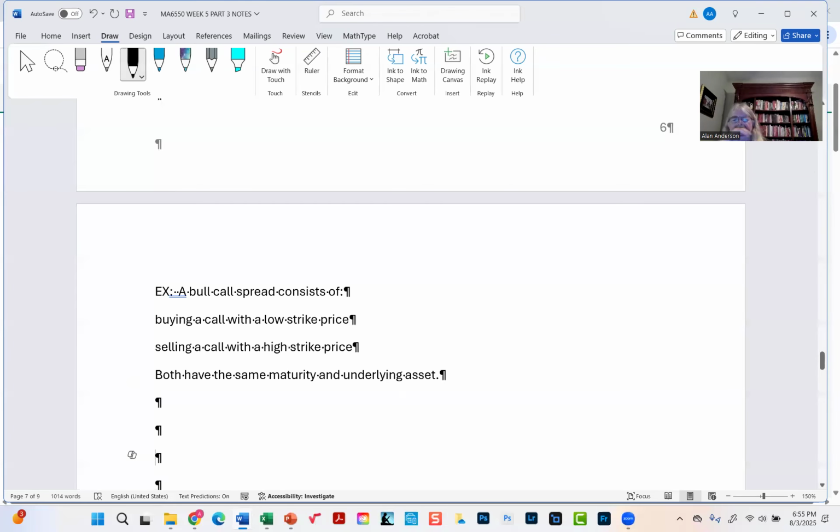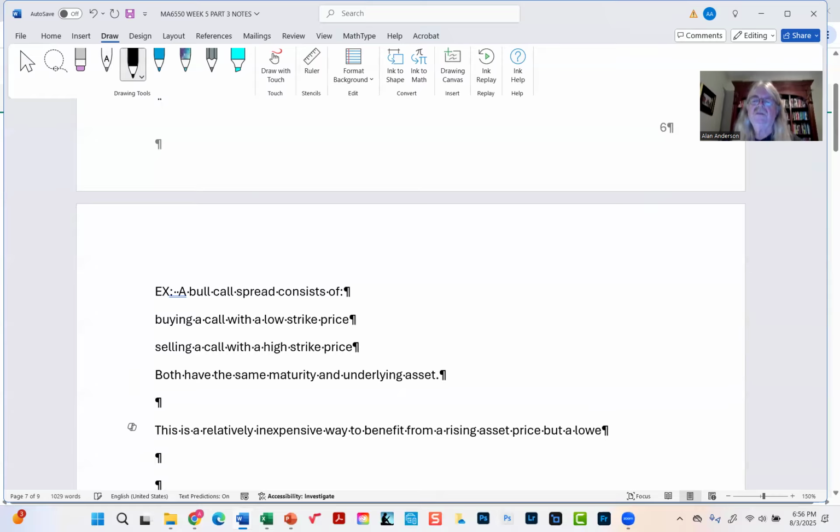What is that going to get us? Well, this is a relatively inexpensive way to benefit from a rising asset price, at a lower cost than simply buying the call.